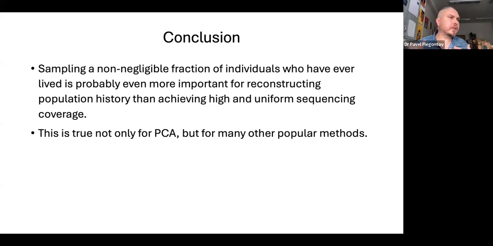Why is that the case? Because IBD sharing graphs are basically noisy pedigrees. Each edge in this graph is a link between distant relatives or close relatives, but mostly between distant relatives. So we can think of it as a very, very noisy pedigree. But if we then apply a force-directed layout algorithm to this graph, and also, as I said, filter it in a certain way, we can visualize both space and time.